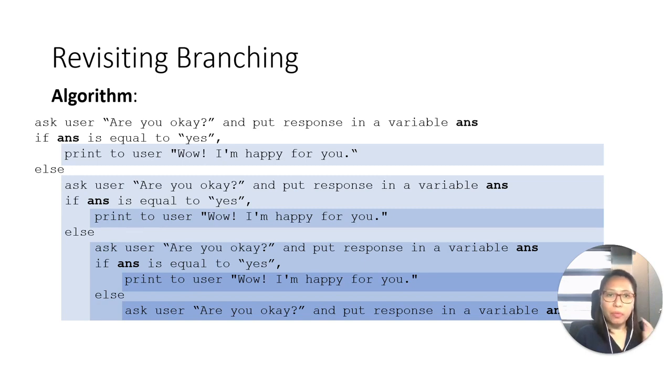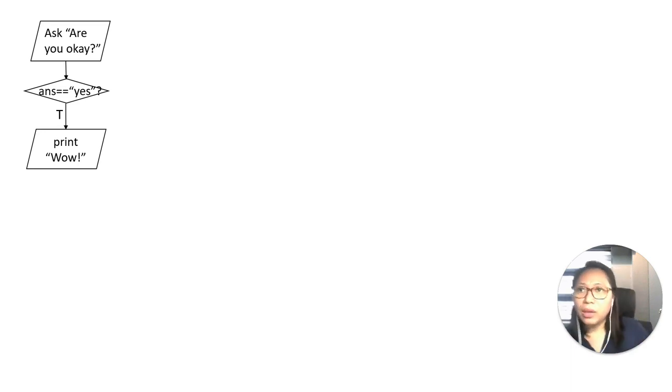If we want to take a look at it visually, we can translate it into a flowchart. Here is the flowchart equivalent of the algorithm that I created. The first one is an input: ask, "Are you okay?" And then there is a test or a condition: is ans equal to yes?